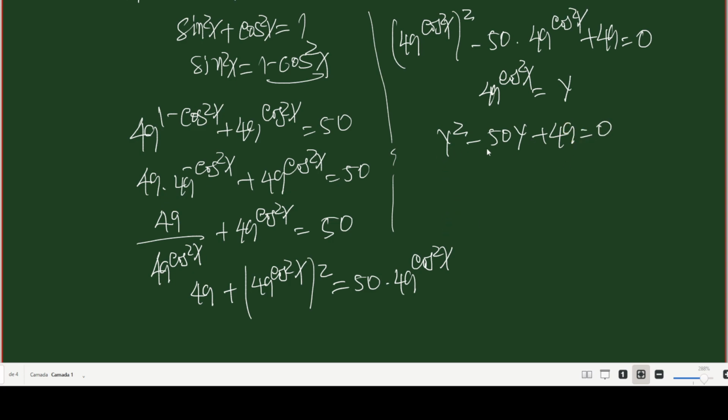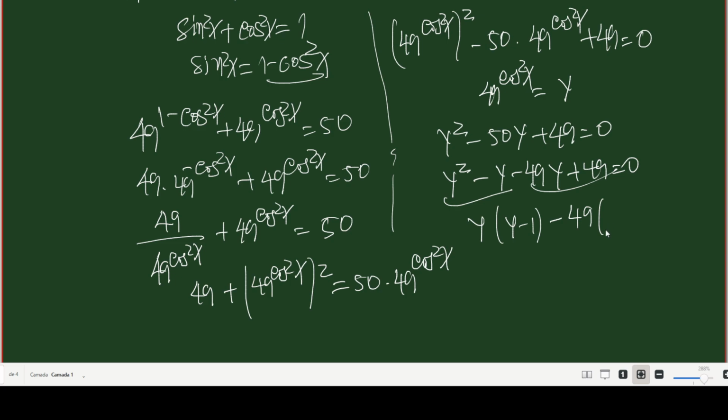So from here, what I see is a second degree equation. We can solve it the way we prefer. I'm gonna factorize this. So I see y square minus y, and I see minus 49y and plus 49, and then this is equal to 0. I'm gonna factor this and this. I'm gonna have y minus 1, and here we're gonna take 49 in brackets, y minus 1.